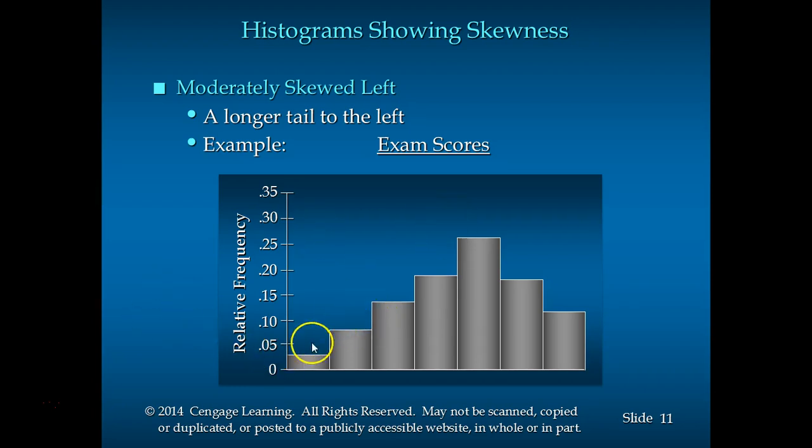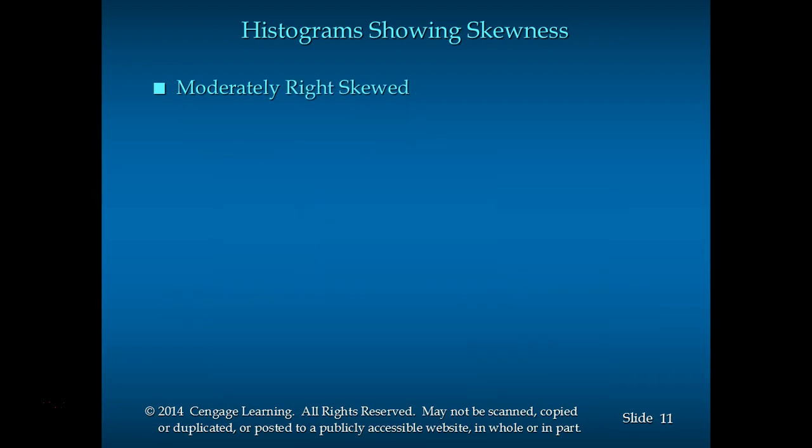Okay? So in this, as exam scores in particular, what is it saying? That you got a lot of people with very high exam scores and a few that really failed it. Right? Skewed to the left.